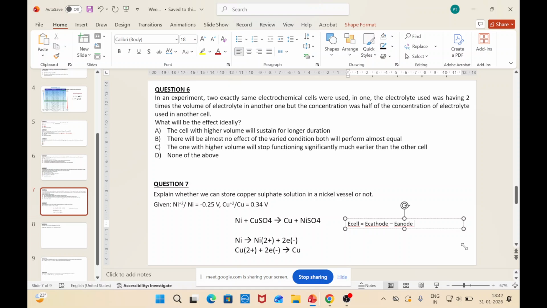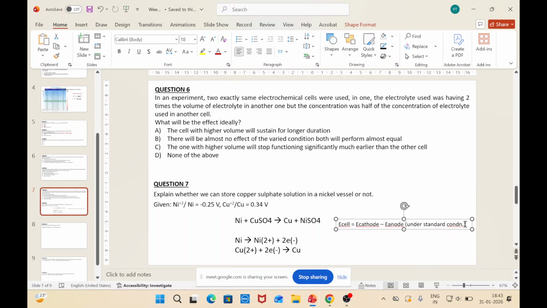Since we are doing all this under standard conditions, we can write this as E naught of cell, under standard condition. Now you know what the anode is, and E anode is known.